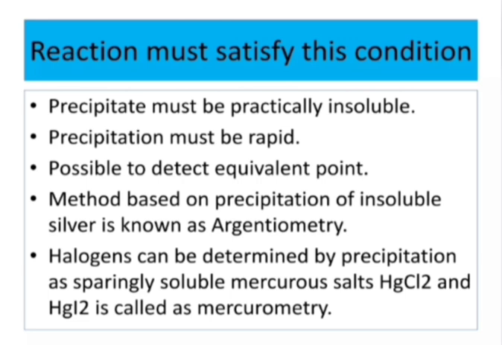Example: precipitation of calcium oxalate in the presence of magnesium, which separates out as magnesium oxalate on the surface of calcium oxalate. The longer the time taken to conduct, the greater the precipitation that occurs on the surface of the first precipitate. Then reactions must satisfy this condition.